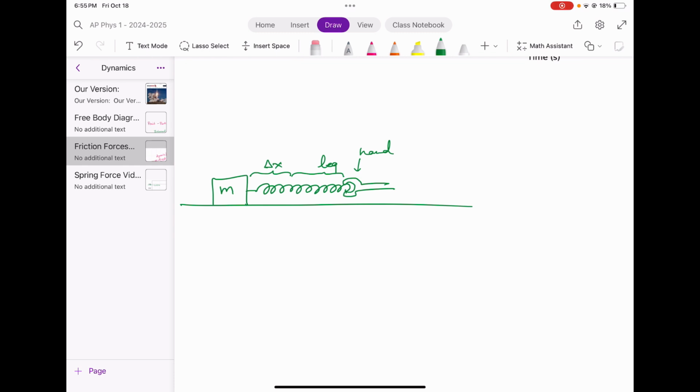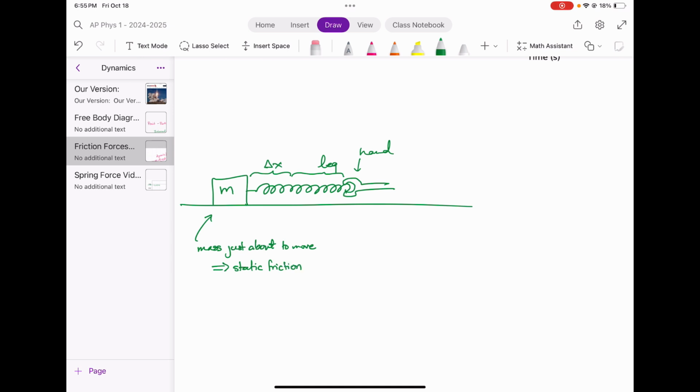And let's say this is also when the mass is just about to move. So we have static friction engaged here.